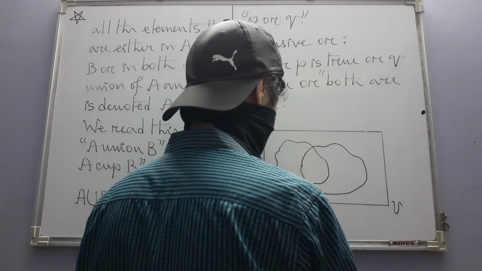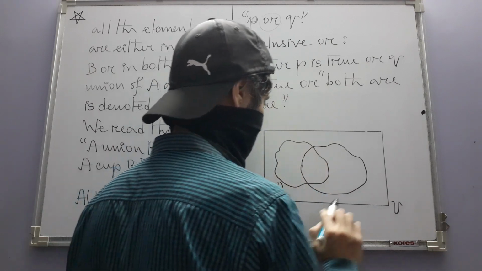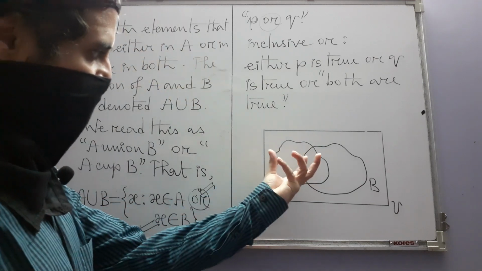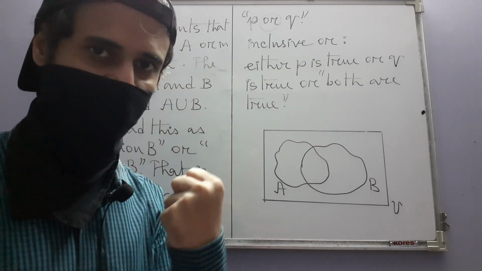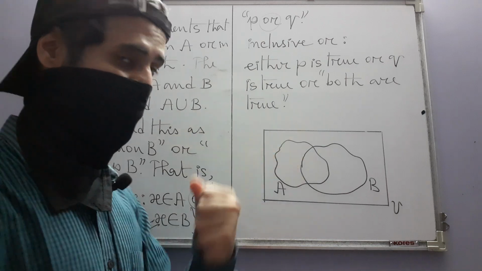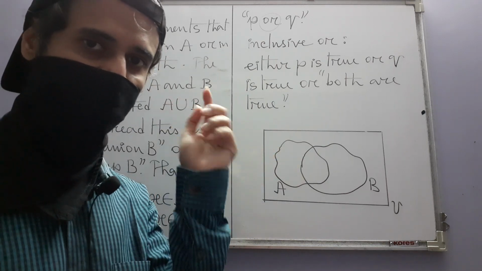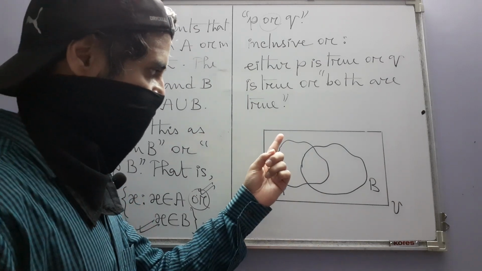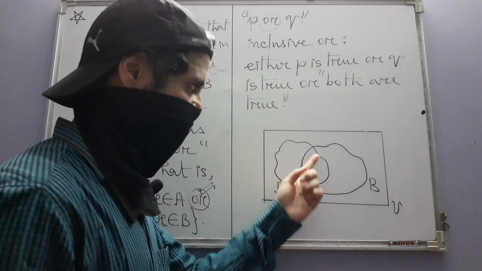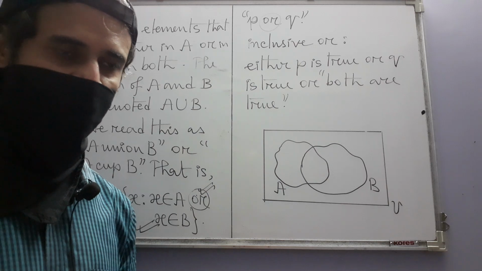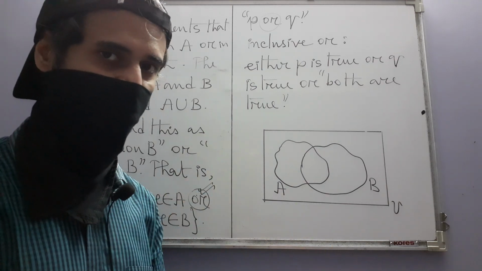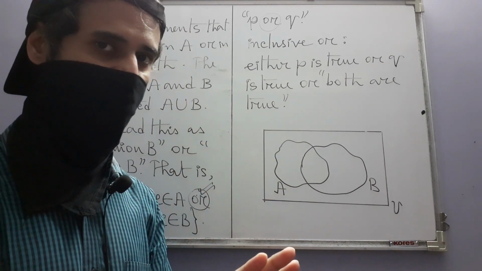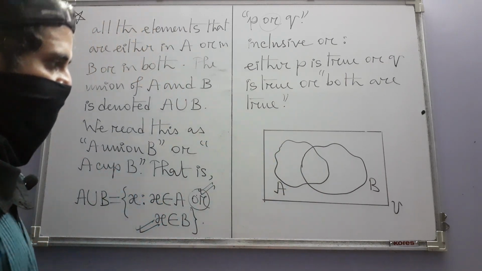Say this region represents A and this region represents B, but what is the reason for this intersection of the two regions? That's because there may be common elements, just like in that example, 2, 4, 6, 8 and 6, 8, 10, 12. So 6 and 8 will appear here because those elements are in A as well as in B. So they should lie in the interior of both the regions, representing the sets.